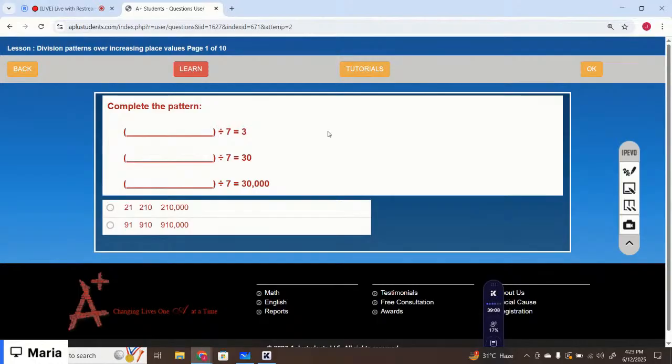What number divided by 7 equals 3, which is the correct option?